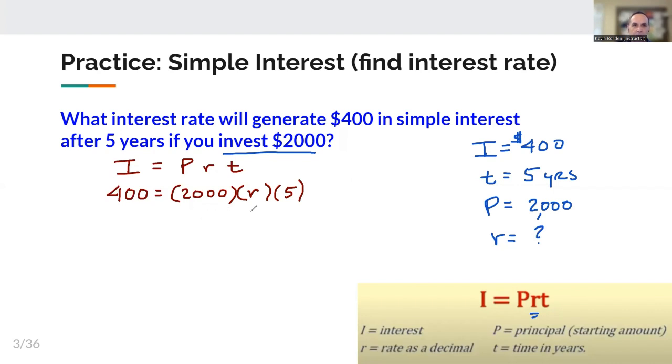What we're going to do is to divide both sides by 5 first. The reason we're doing that is that's going to cancel this out, sort of like what we do with cross multiplying. 400 divided by 5 is 80, and that's going to equal 2,000 times R. Add some parentheses there.